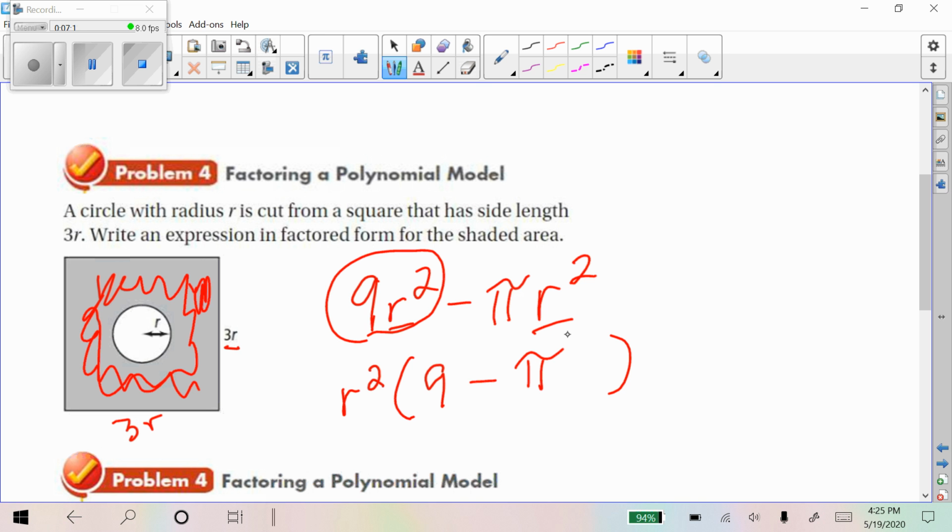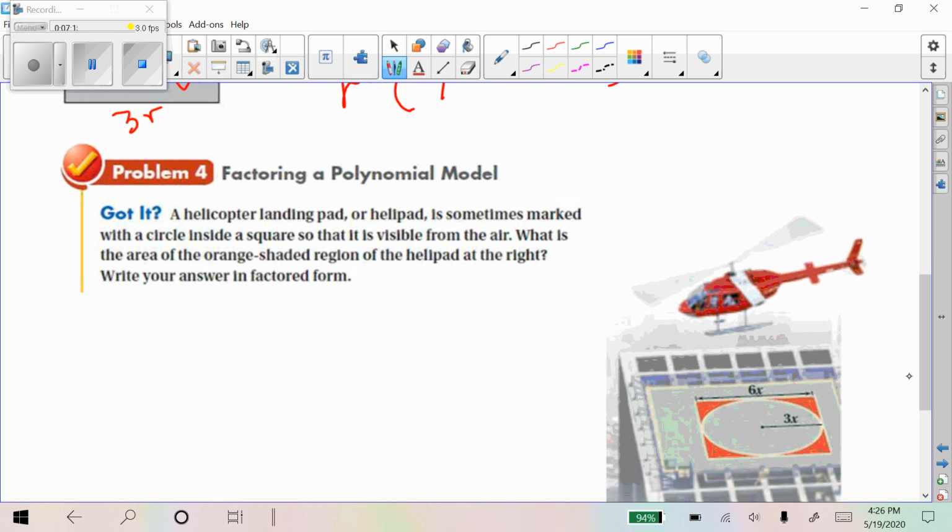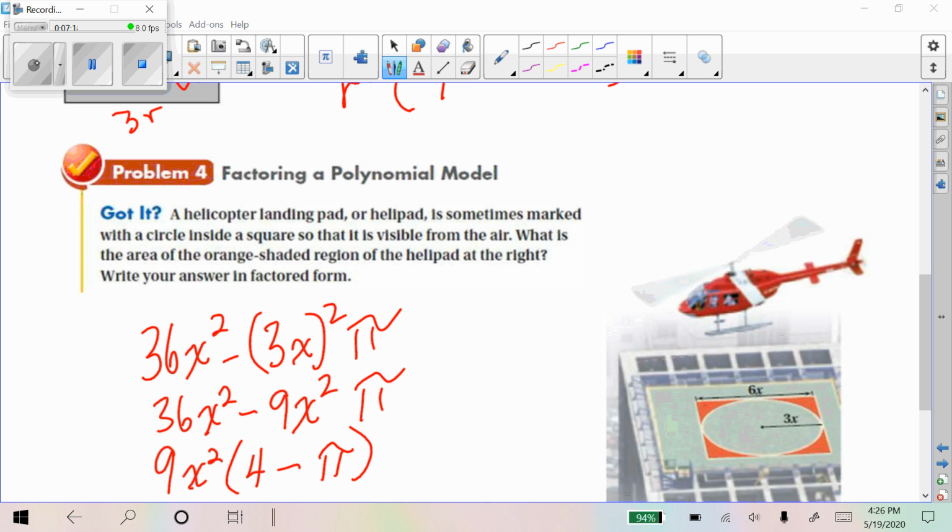So there you have it in factored form. Why don't you try this one? So here's what my work looks like there. Notice some of you may have missed this, but 36 and 9 have a greatest common factor of 9, so you could factor out the 9 there.